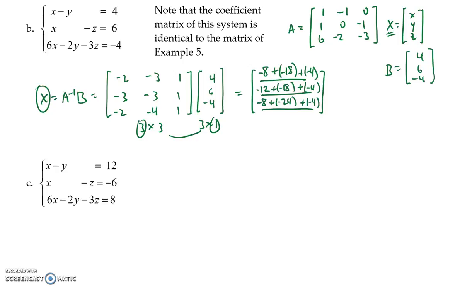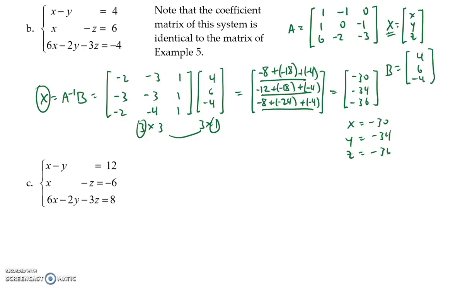Okay, if we add these together, we get a 3 by 1 matrix, and this is what we would obtain: -30, -34, -36. Well, this represents the matrix X. So from this it follows that X must be negative 30, Y negative 34, and Z negative 36.